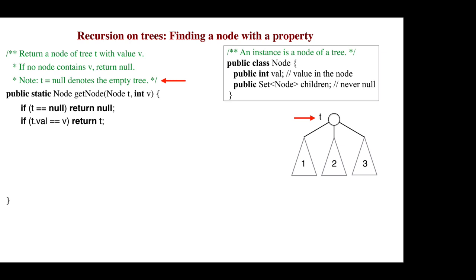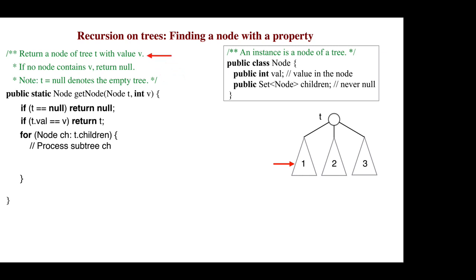The third step is to check each child of t in turn to see whether the subtree with that child as root contains a node with value v. If so, return it. This requires a for each loop that, at each iteration, processes a child, which we name ch. How is subtree ch to be processed?